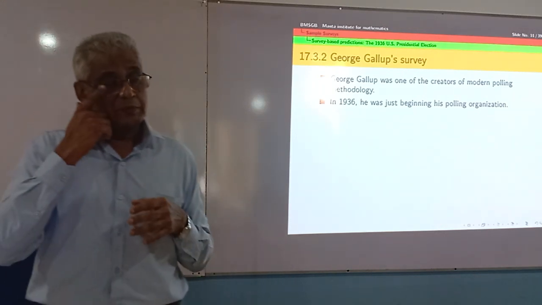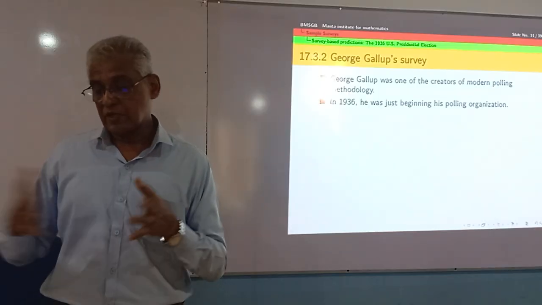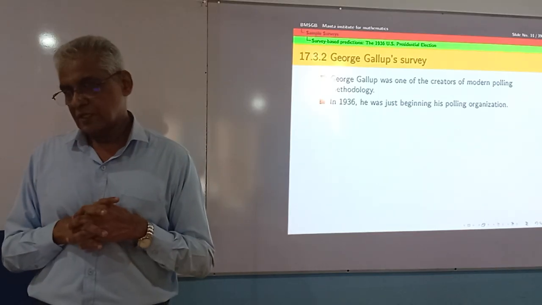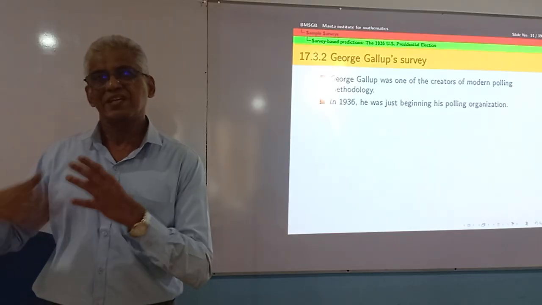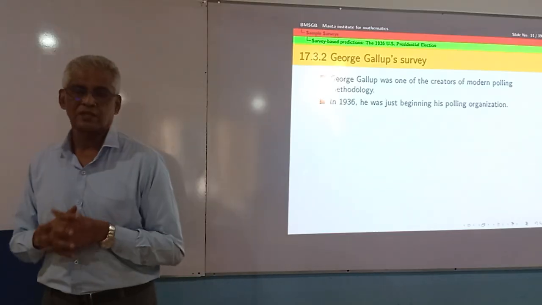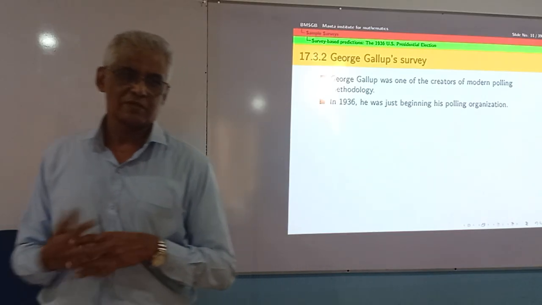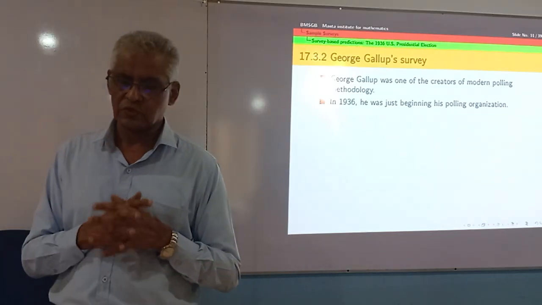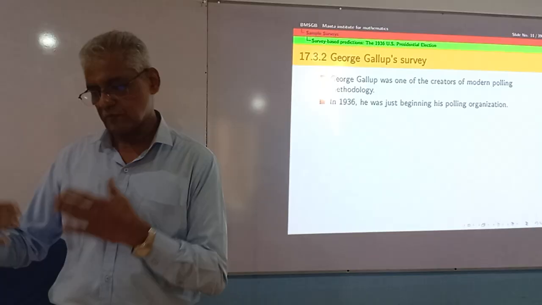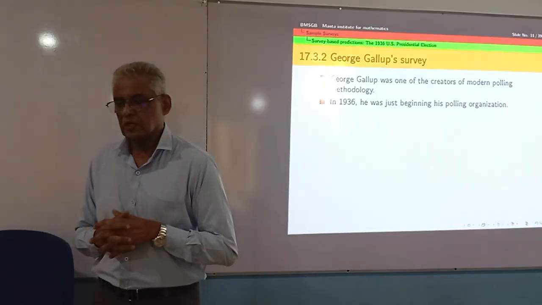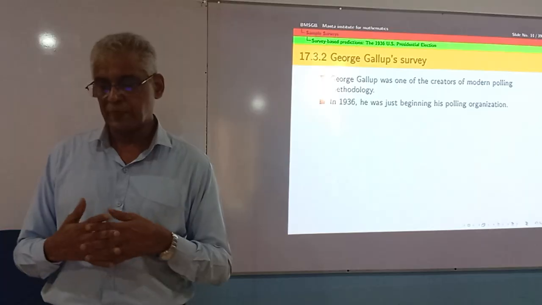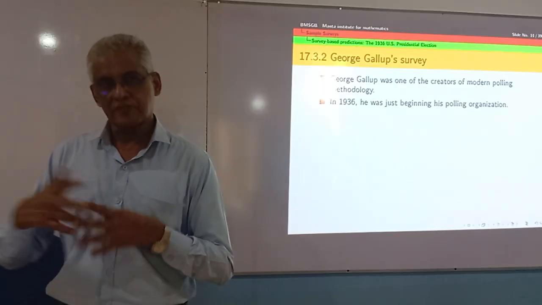But at the same time, there was another company started by a person named George Gallup. He was introducing new scientific sampling methods. The other people were mostly just using mail questionnaires, but he had just started a polling organization, his own company, and his methods were scientific.